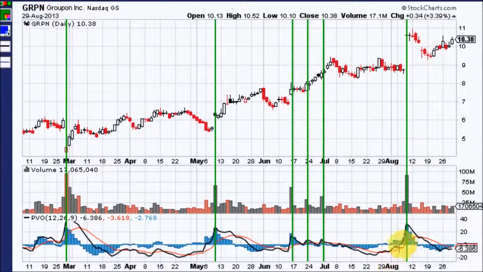And PVO goes wild. Okay, so this was a breakout into blue sky territory above all levels of resistance on the biggest volume in at least over a month. And it goes all the way back to this one. So this kind of huge volume, the biggest volume in 5 months, breaks it out into blue sky territory above all resistance.